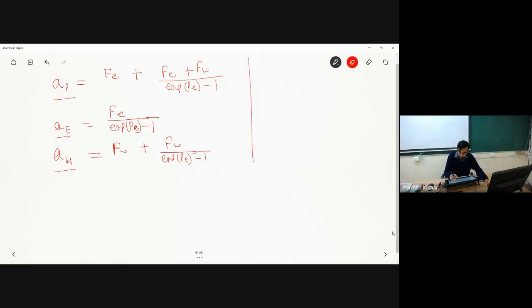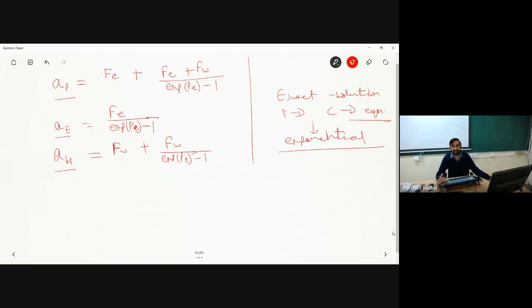And if we see the exact solution of our 1D convection diffusion equation, that is also having what kind of nature? Exponential nature only. So whatever the exponential scheme has been derived, it has been derived by considering the exact nature of the solution.